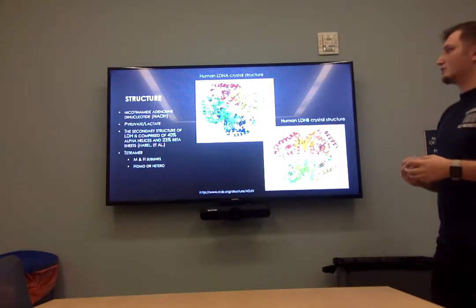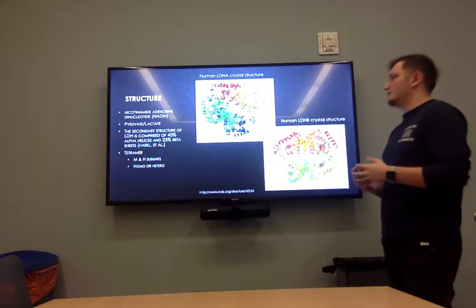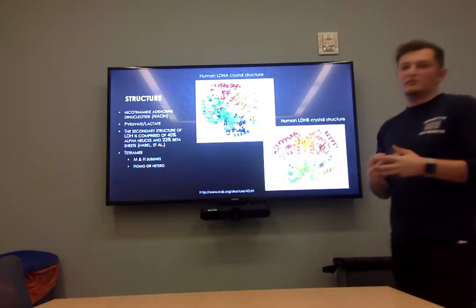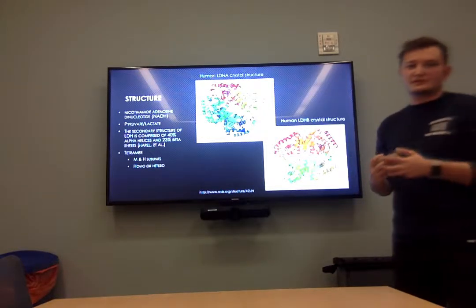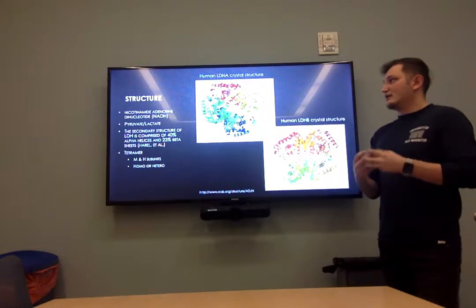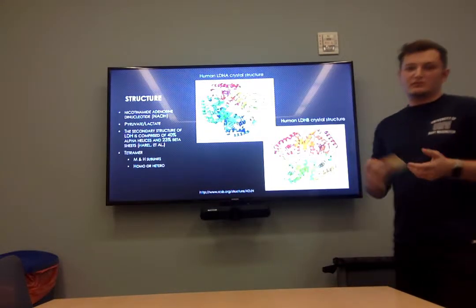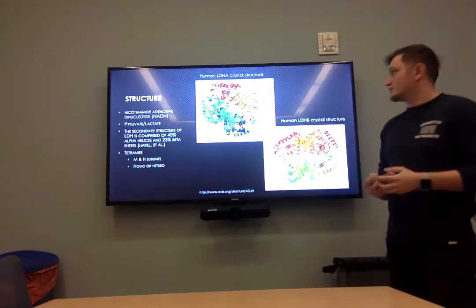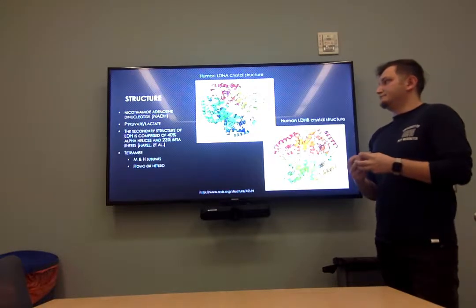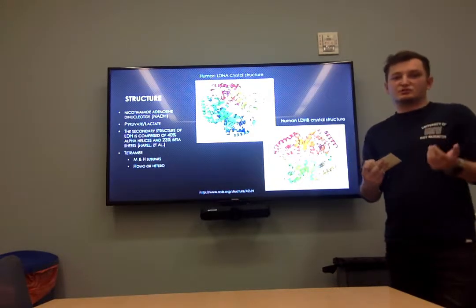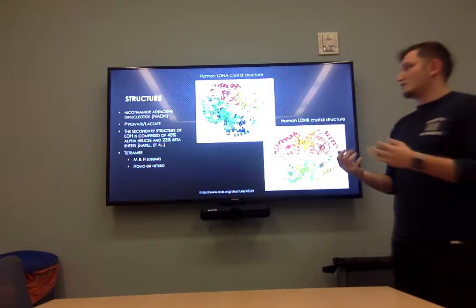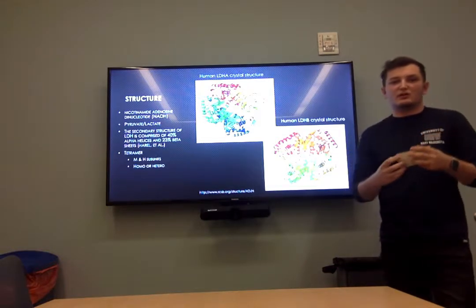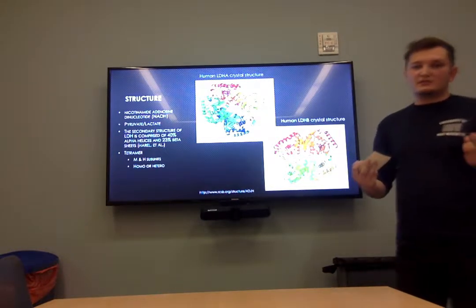So looking at the structure of lactate dehydrogenase. Starting off, the coenzyme for lactate dehydrogenase is nicotinamide adenine dinucleotide, also known as NAD or NADH. The substrate would be pyruvate or lactate, depending on the path it's taking.